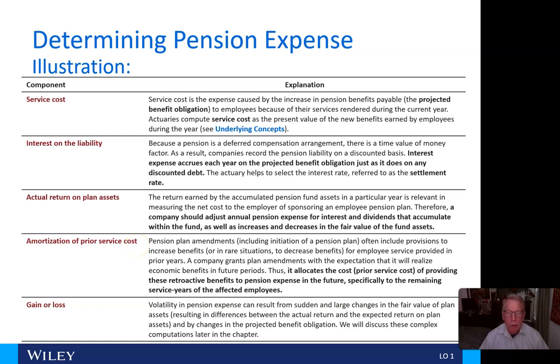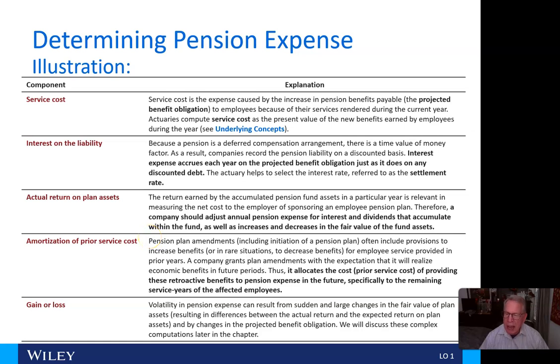The company grants plan amendments with the expectation that it will realize economic benefits in future periods. Thus, it allocates the cost, that's prior service cost, of providing these retroactive benefits to pension expense in the future, specifically to the remaining service years of the affected employees.